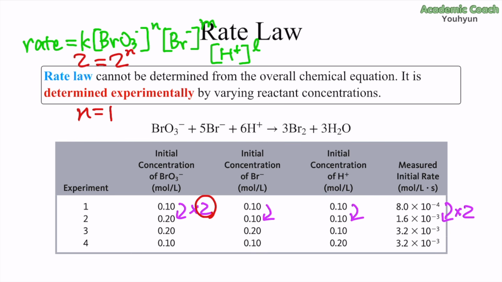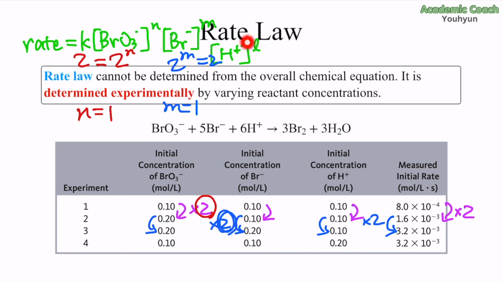For experiment 2 and 3, bromate remains the same, proton concentration remains the same, and bromide concentration doubles, while its initial rate also doubles. Then this time, I'm going to plug this 2 into the concentration of bromide. 2 to the power of m is equal to 2. M is equal to 1.